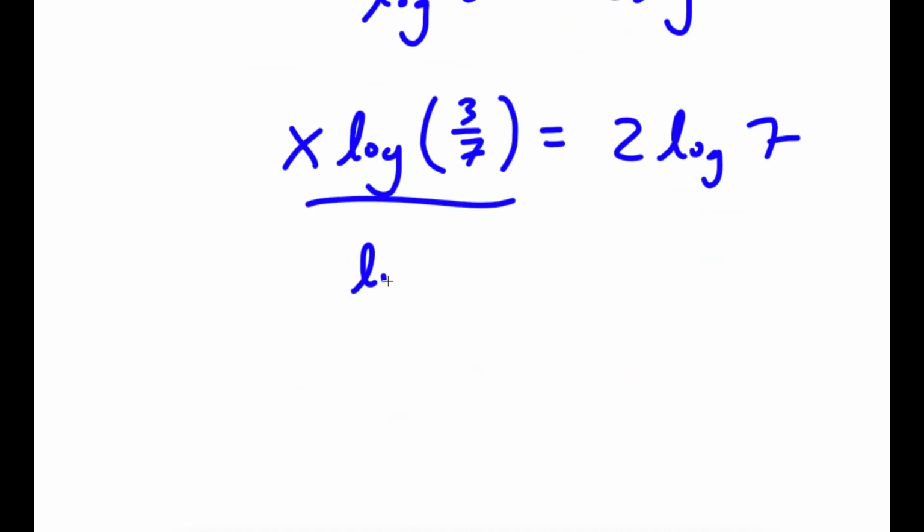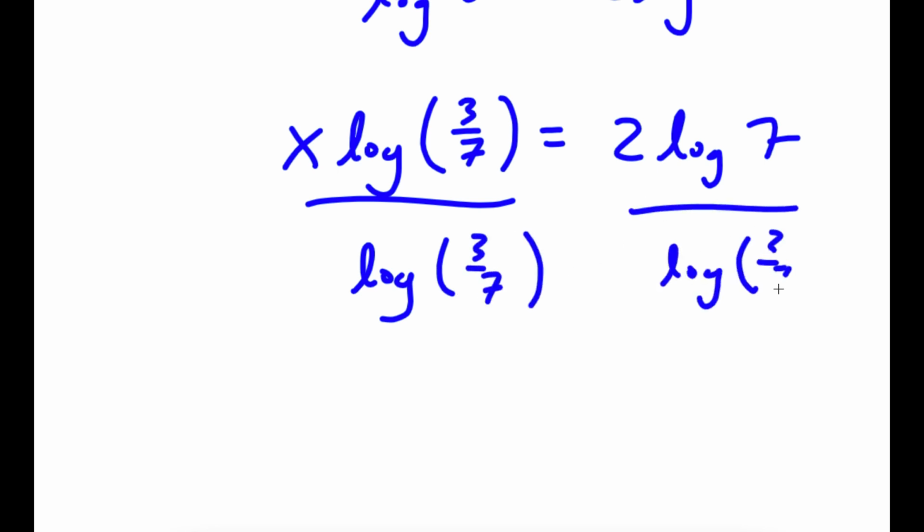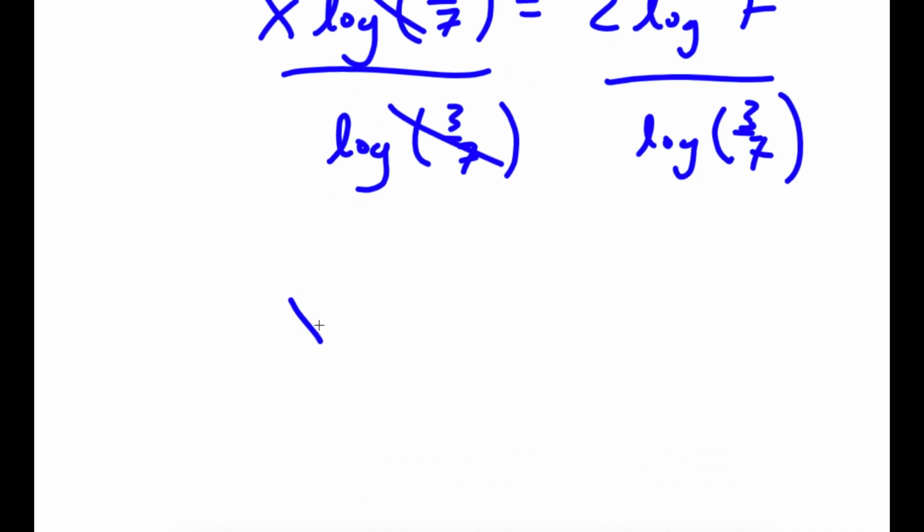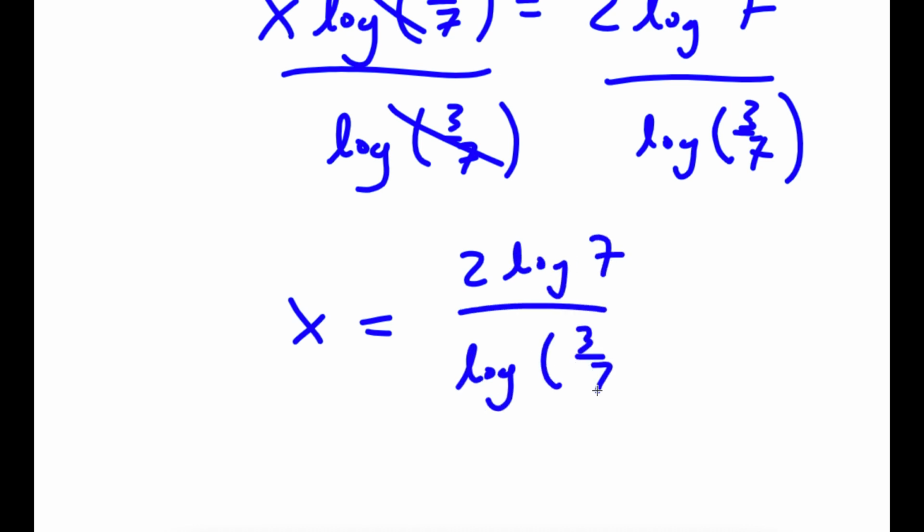And now if I divide both sides by log of 3 over 7, these two cancel out, and I have x is equal to 2 log 7 over log 3 over 7.